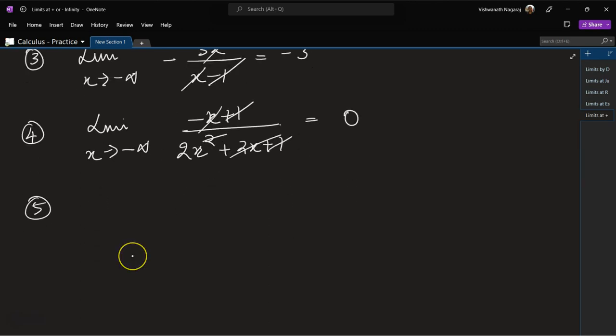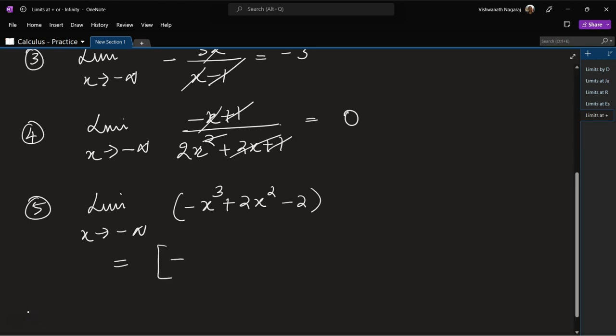Okay, now let's look at the fifth one. Limit as x approaches minus infinity of minus x cube plus 2x square minus 2 would give us what? Let's do a direct substitution and see what happens. Minus of minus infinity cube plus 2 times minus infinity square minus 2.